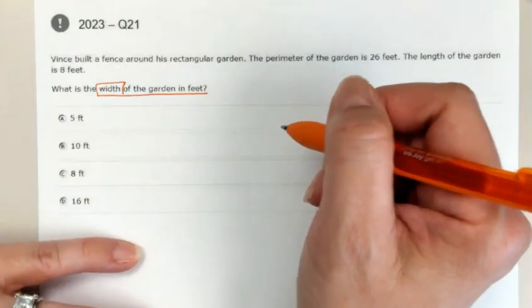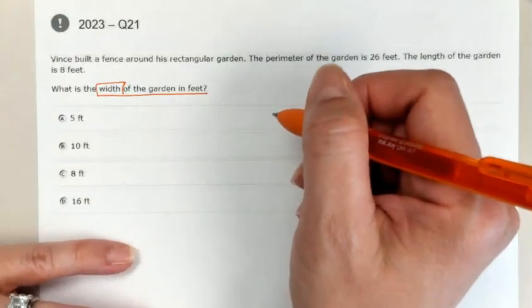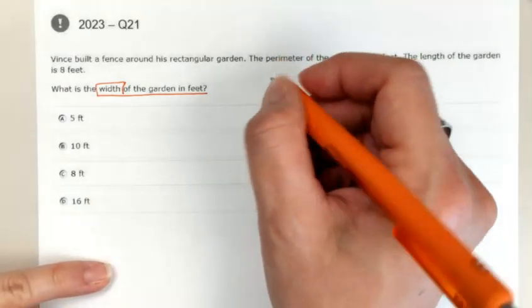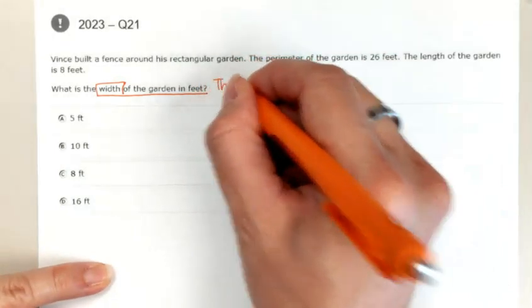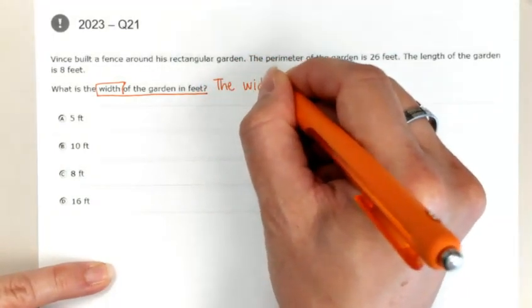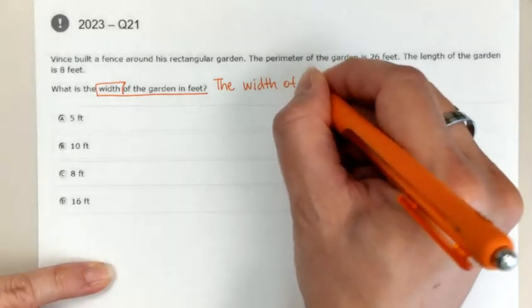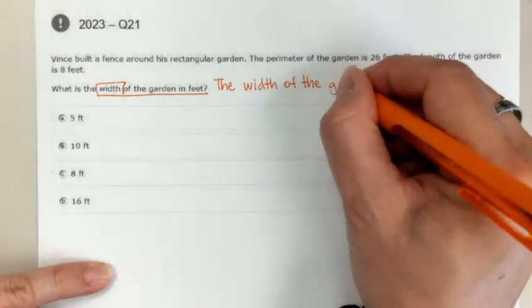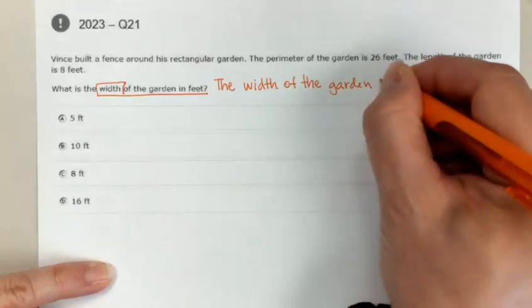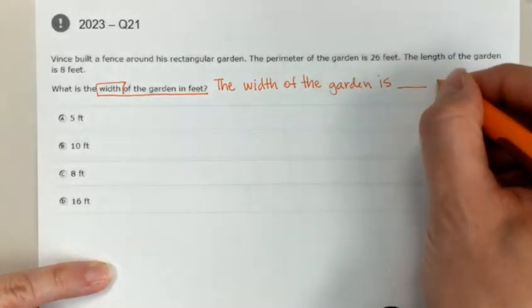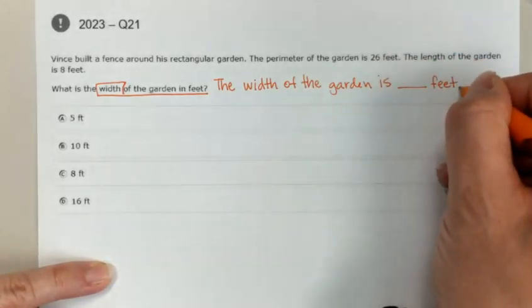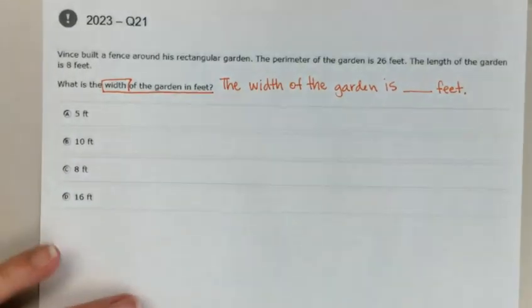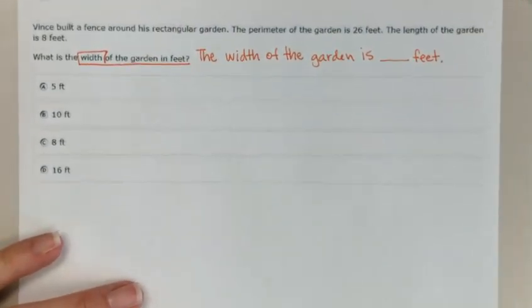So let's write that out into a sentence so that when we find our answer later, we can plug it in and see if it makes sense. The width of the garden is blank feet. Okay, so let's go into our problem and see the information that has been given to us.